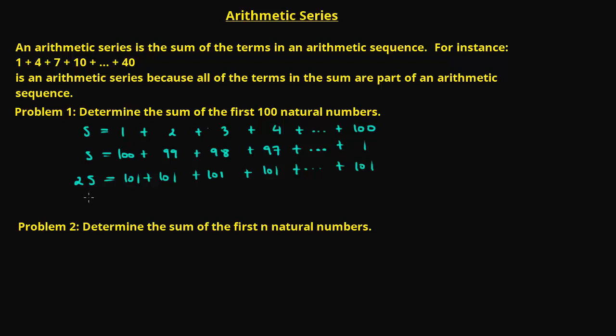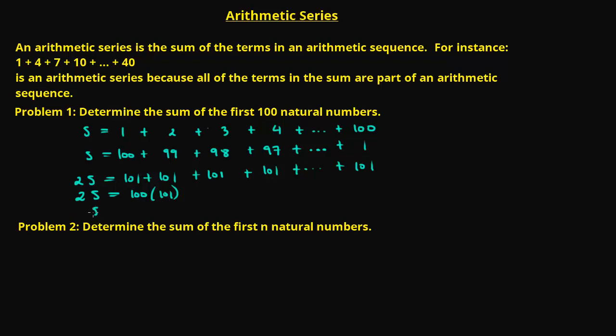So we would just be adding 101 100 times, because there are 100 numbers in this series, and I've added 100 of these terms together. All of them are equal to 101. So we get that 2S is equal to 100 times 101, because repeated addition can be written as multiplication. If I'm adding 101 100 times, that's the same thing as 100 times 101.